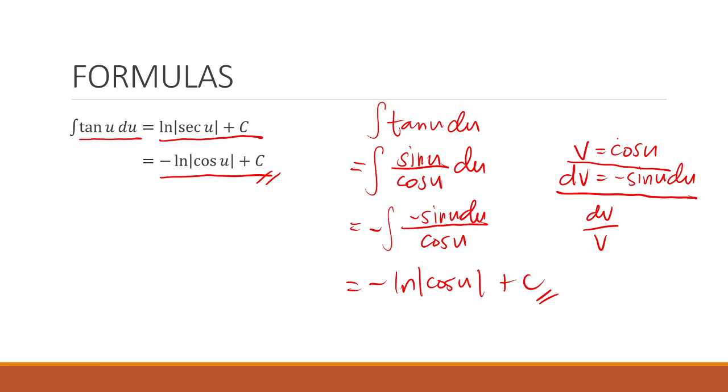Okay? And then we'll check if this is also equivalent to the first formula. So basically, what is it, class? It's just the power property of logarithmic functions. Recall, if we have ln of, for example, m raised to n, we have here the ln function of an expression.